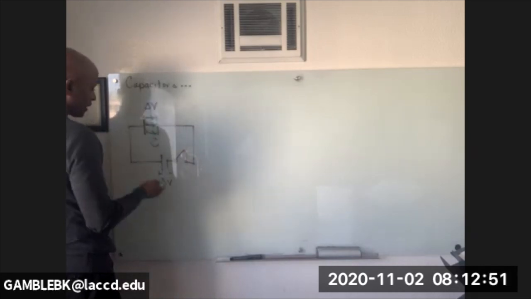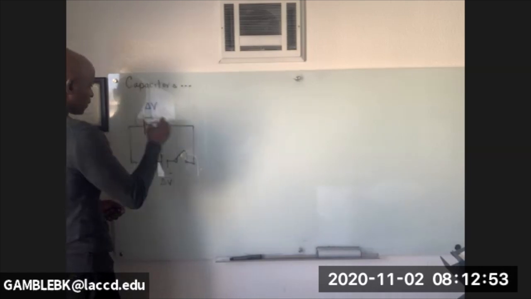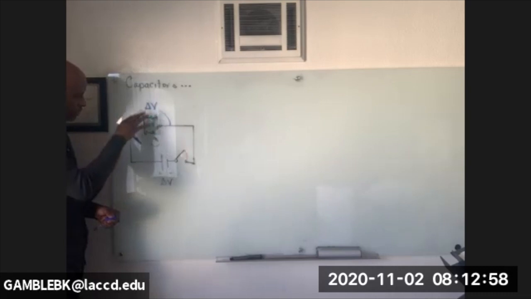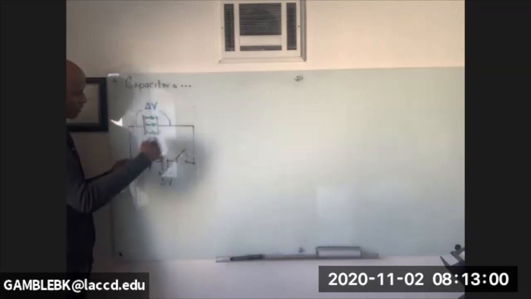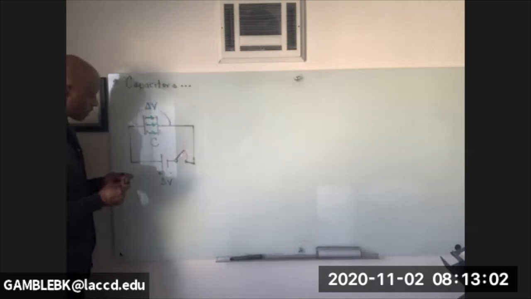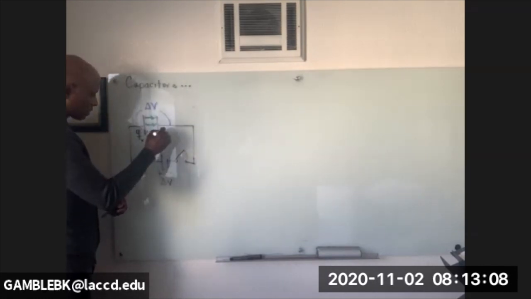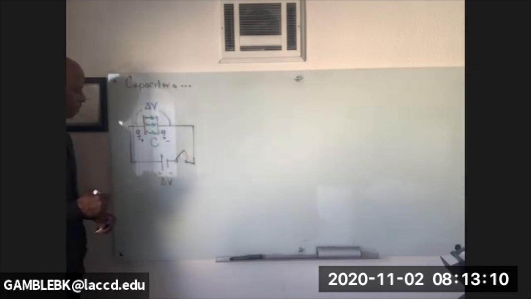That delta V will be equal to the potential of the battery. As you move across, that potential will be opposite in polarity relative to the circuit, as we talked about, right? Plus, Q, minus.